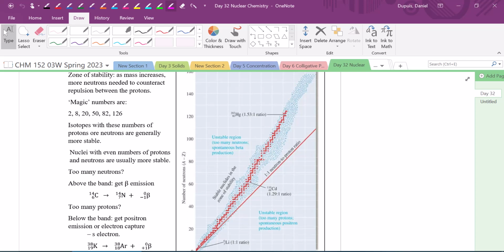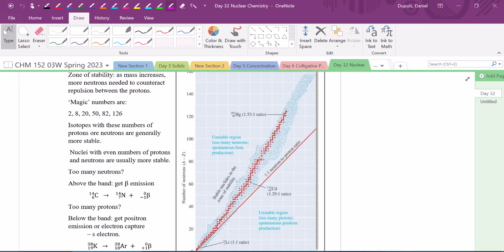But because of how atoms work and what holds them together, that ratio goes from 1 proton to 1 neutron, to 1 proton to 1.5 neutrons. And so we can have either too many neutrons or too few neutrons.